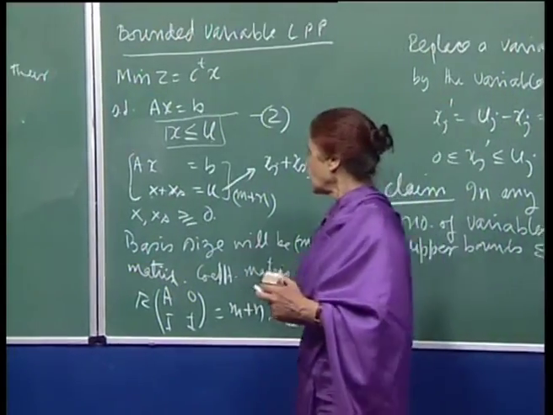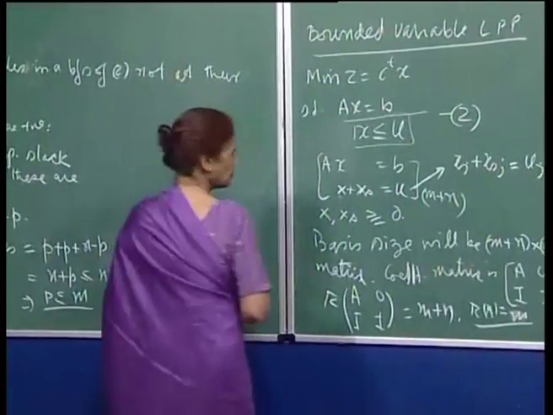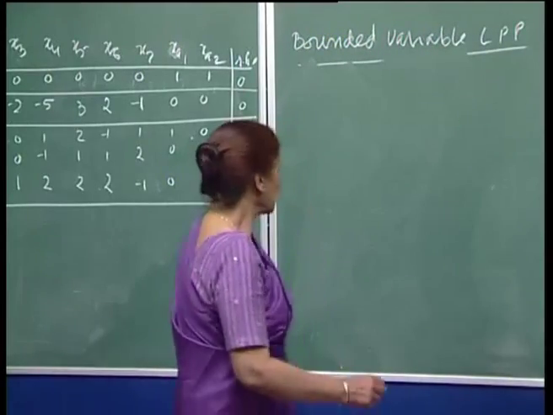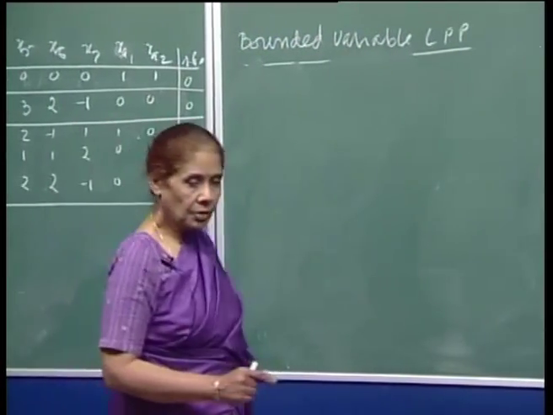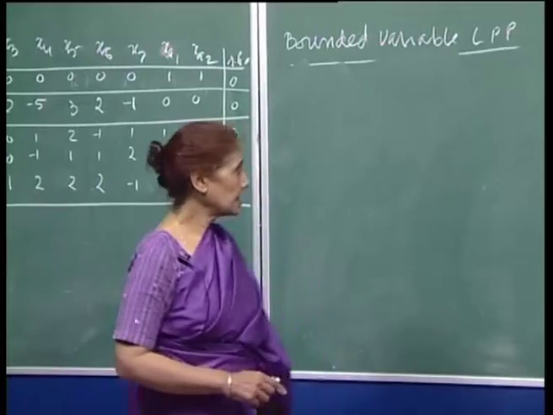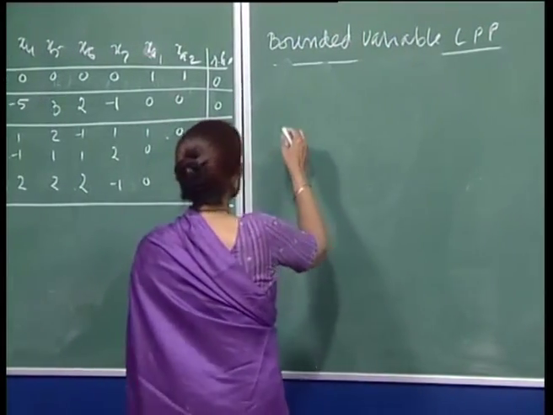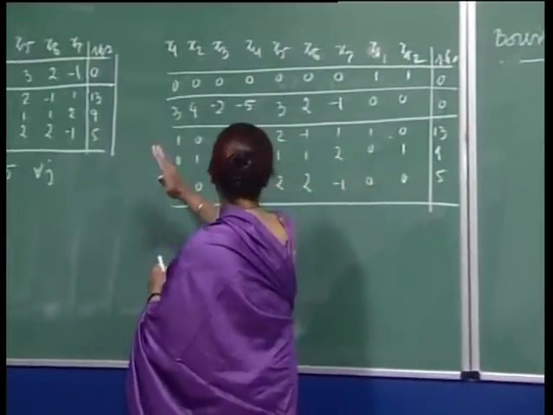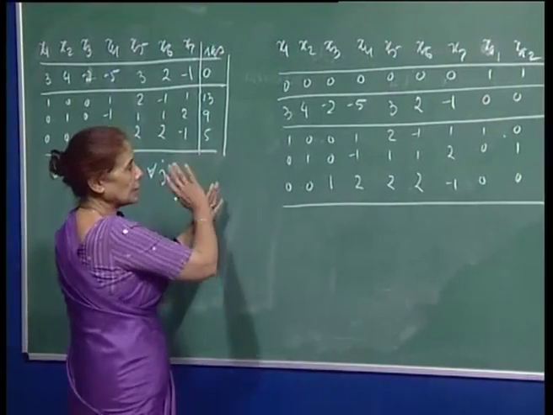Okay, fine. Now, let me modify the pivot rules a bit. Let us see how the pivot rules get modified. Remember, because we do the pivoting, we have multiplied by B inverse.